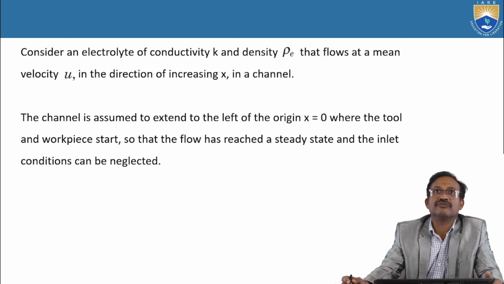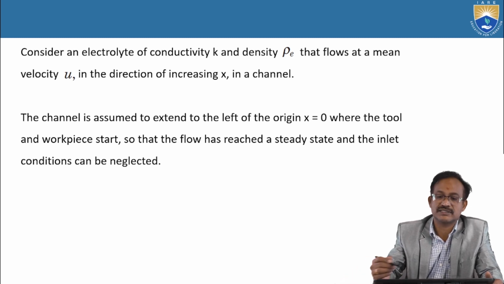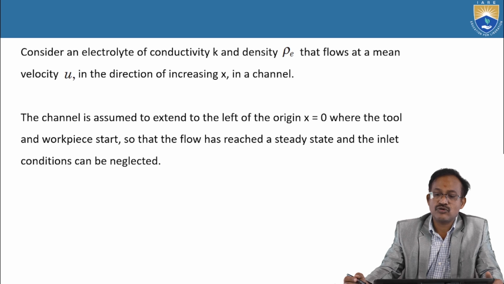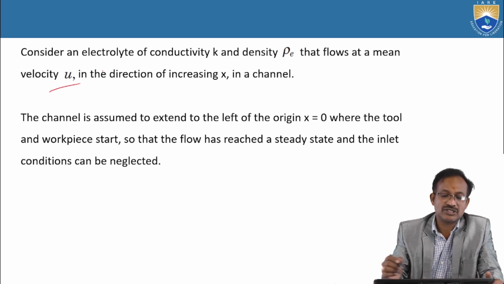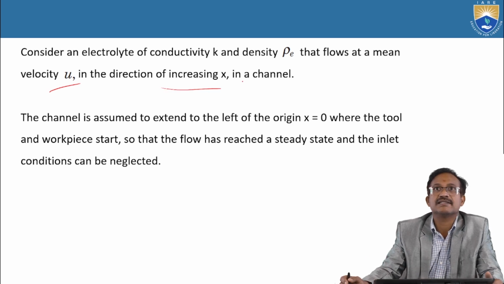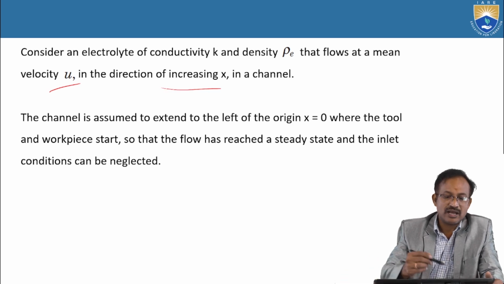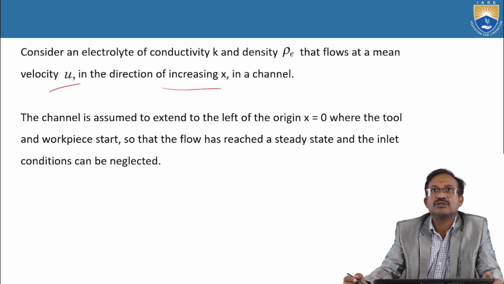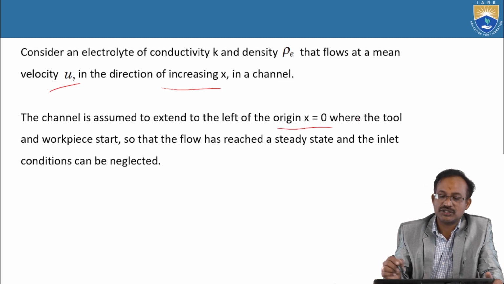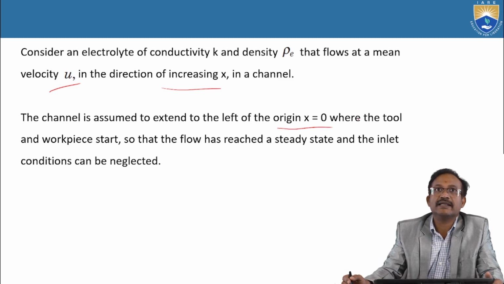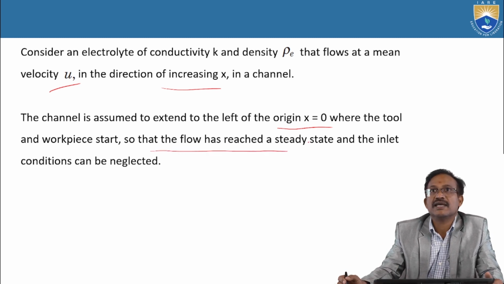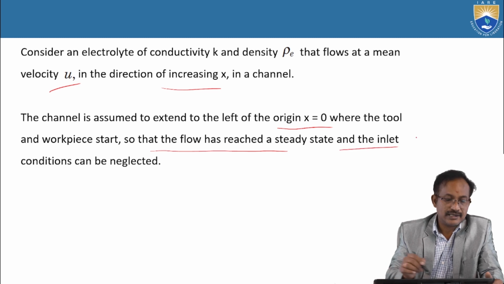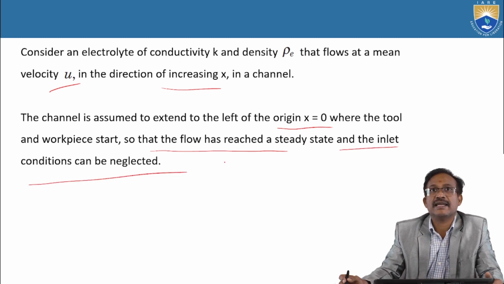Consider an electrolyte of conductivity K and density rho E, that means electrolyte density, that flows at a mean velocity U in the direction of increasing X in a channel. The channel is assumed to extend to the left of the origin X equal to 0, where the tool and the workpiece start, so that the flow has reached a steady state and the inlet conditions can be neglected.